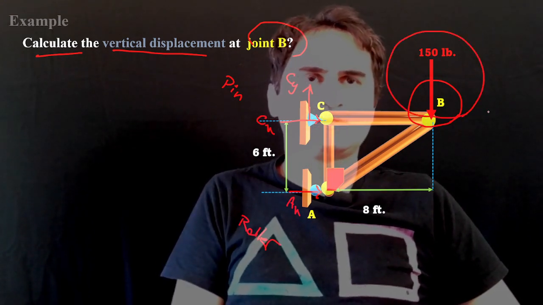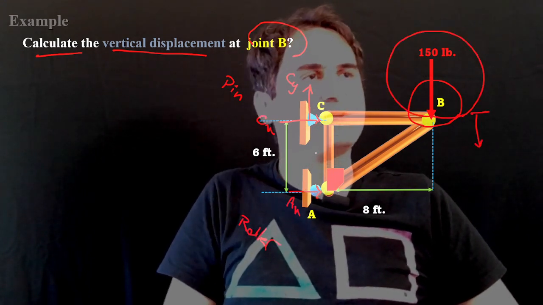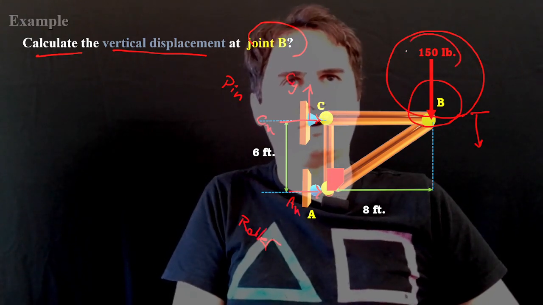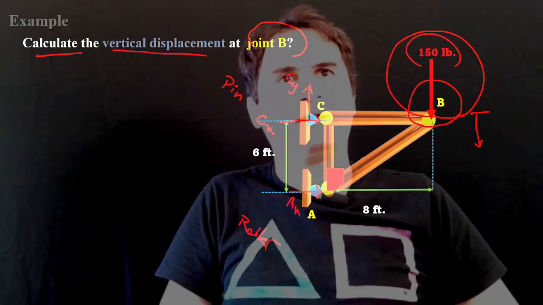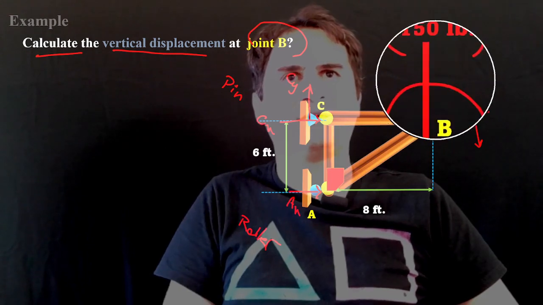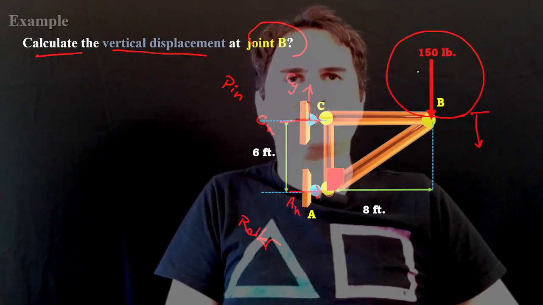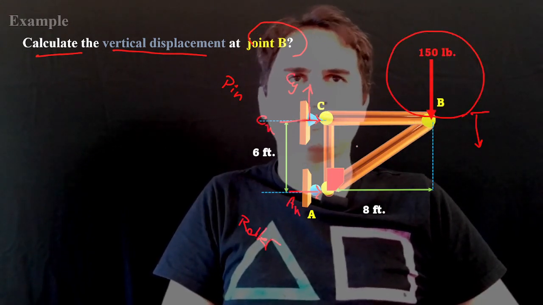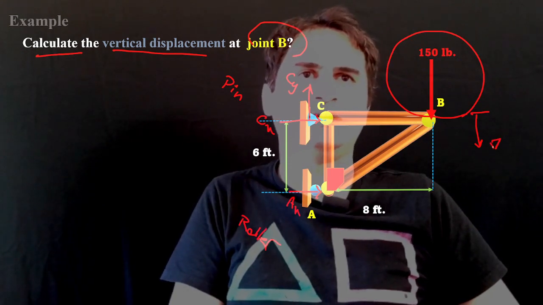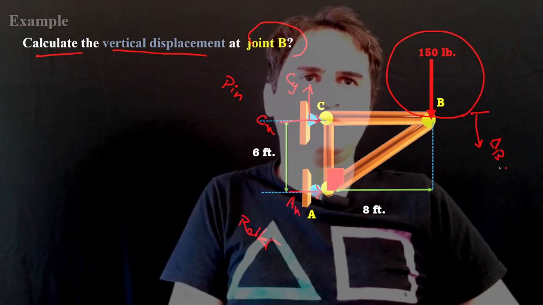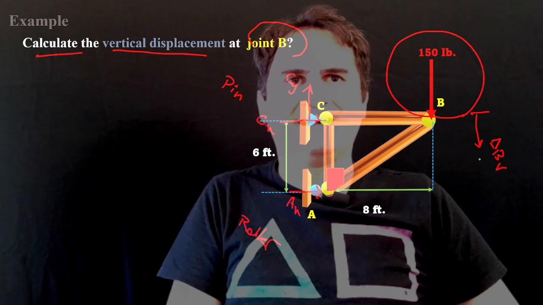In the entire structure, we have only one force of 150 applied at B, as you can see here. At the same time, there are no other forces on the structure, and we want to calculate delta B vertical. So that's the situation.